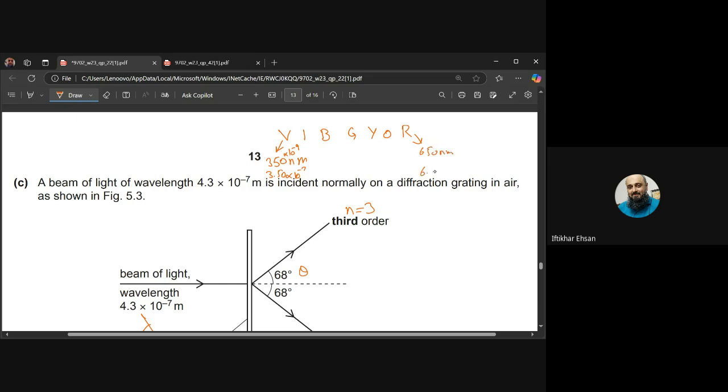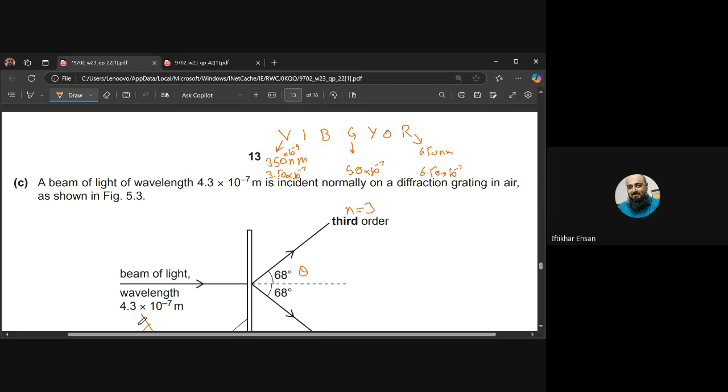That can be 6.5 × 10^-7. Why am I converting into minus 7? Because this is given in minus 7. And the green is 500, means 5.0 × 10^-7. So you can see it is a little less. This is the minimum.